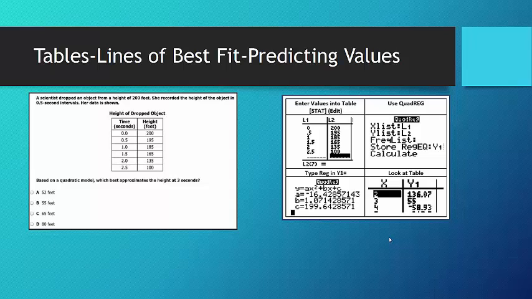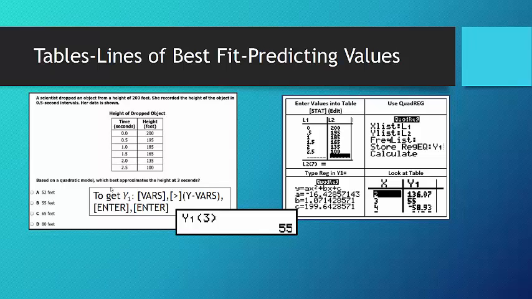Remember, you can type your regression equation into y1, and look to see if it says quadratic or linear. That'll tell you whether to do quadratic or linear regression. Now we're using the expression to predict the values.